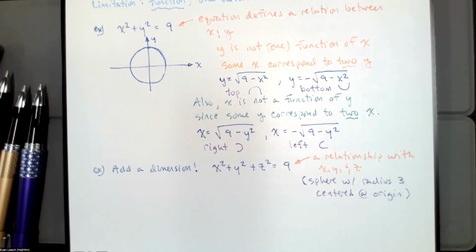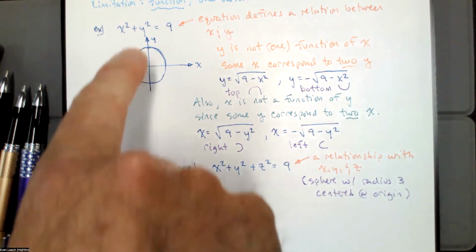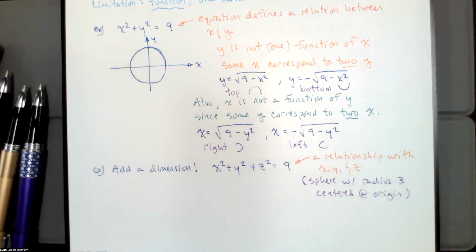In this case, we want to see this x squared plus y squared plus z squared. This is everything that is exactly 3 units away from the origin. It all comes from the distance formula, the same way we had with x squared plus y squared equals 9. We can discover this with the distance formula, so you don't have to take my word for it.